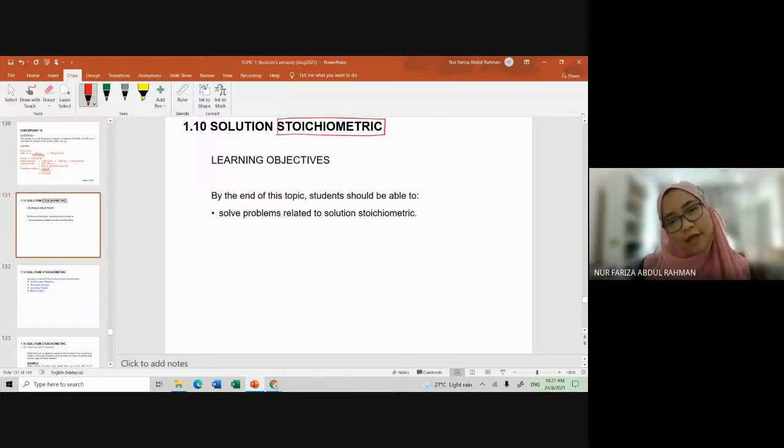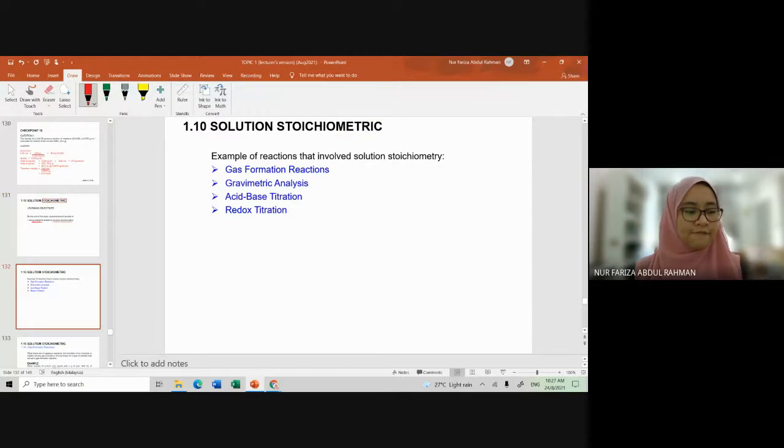Alright, so we have one learning objective. By the end of this subtopic, you should be able to solve problems related to solution stoichiometry. There are 4 types of reaction that can involve solution stoichiometry.